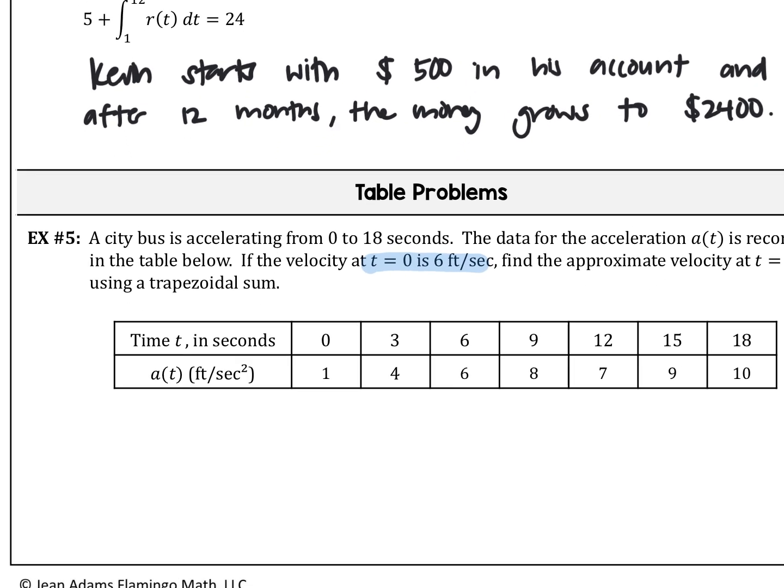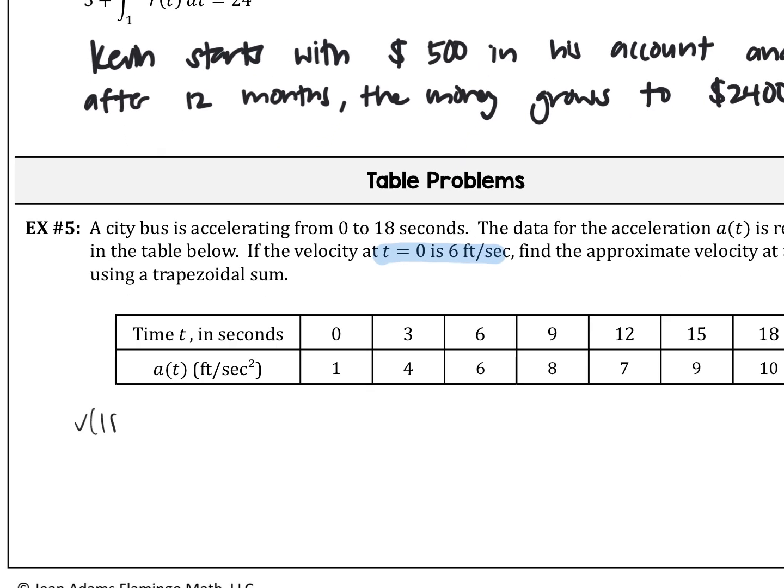If I'm trying to find the velocity at time 18, that means I have my initial velocity, v of 0, and then I'm going to add that to my integral from 0 to 18 of my acceleration function, because when I integrate acceleration, I end up getting velocity. All of that information is given to us in the table. So now we just have to find the trapezoidal sum using this table of values.